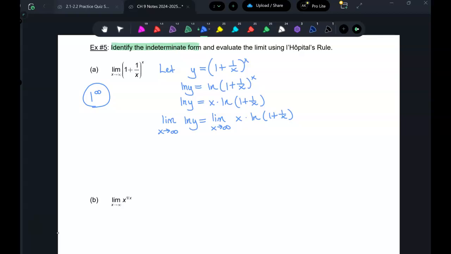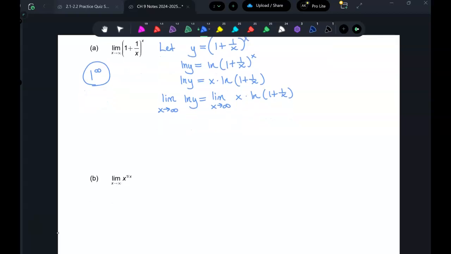And then just remember y is equal to that. So when we change it back to exponential form, we should get this is equal to 1. Because natural log of y would equal 1, which would then mean the limit of y is approaching e.